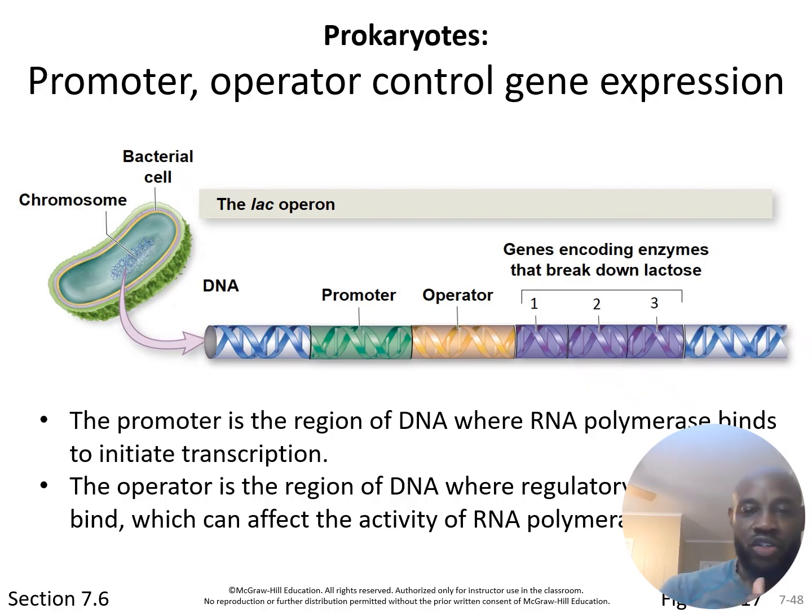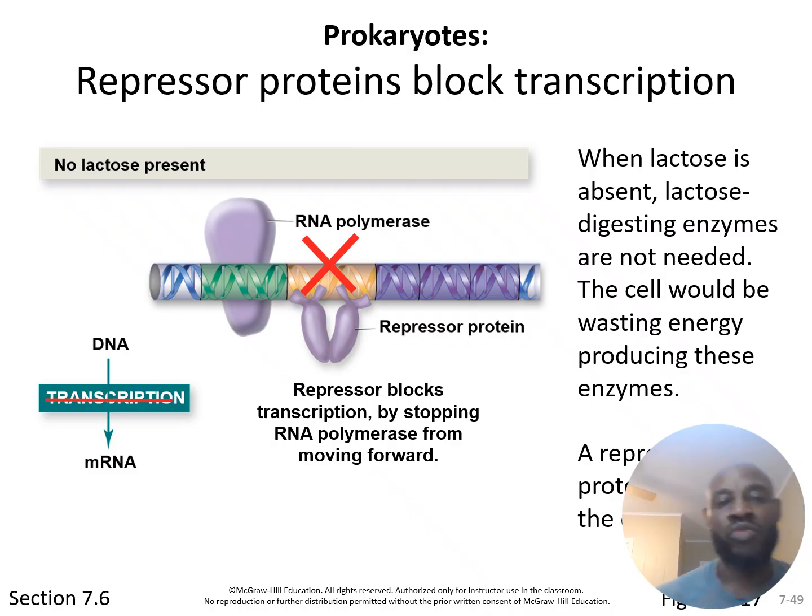Promoter, operator, control gene expression. The promoter is the region of DNA where RNA polymerase binds to initiate transcription. The operator is the region of DNA where regulatory proteins bind, and which can affect the activity of the RNA polymerase. Then you also have repressor proteins, which can block transcription. Right?